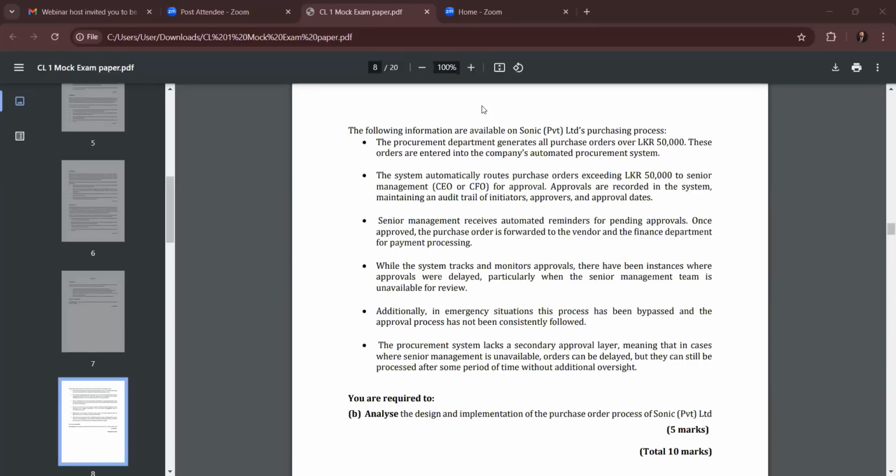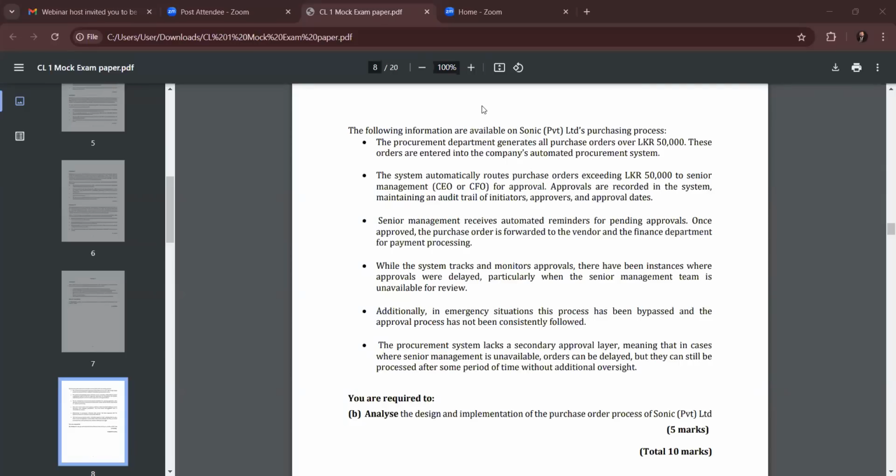The following information is available from Sonic Private Limited's purchasing process. The procurement department generates all purchase orders over rupees 50,000. These orders are entered into the company's automated procurement system.